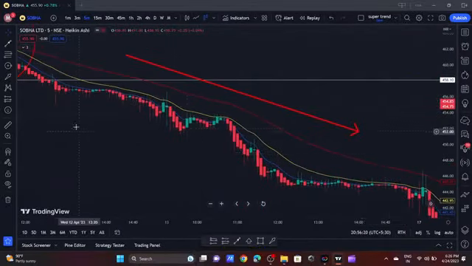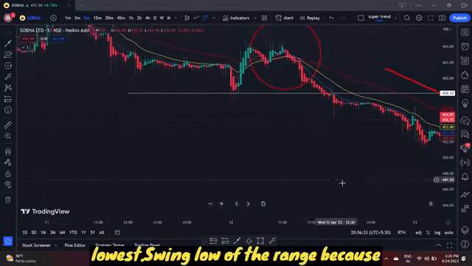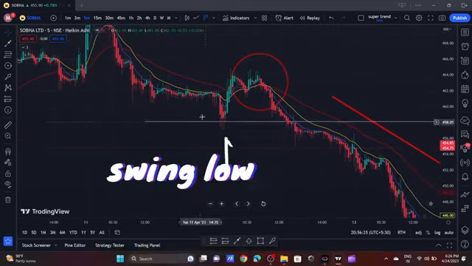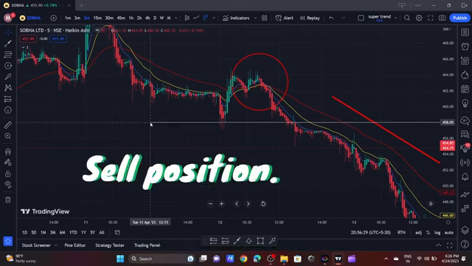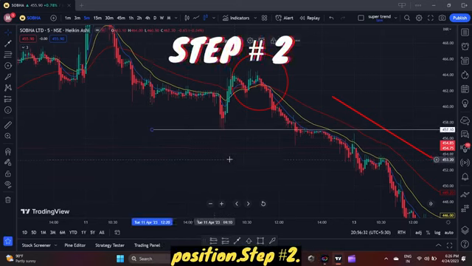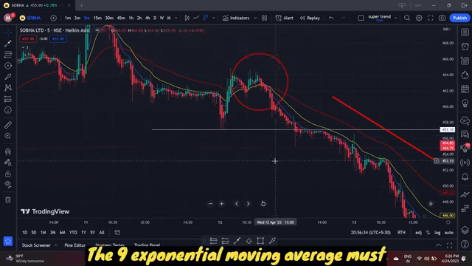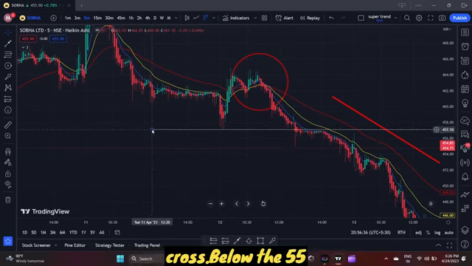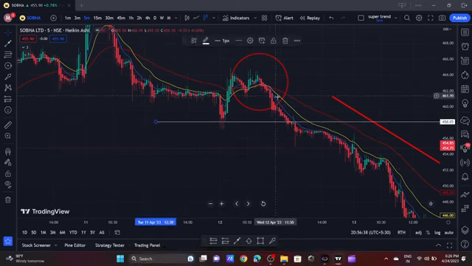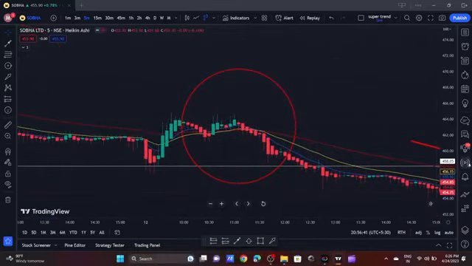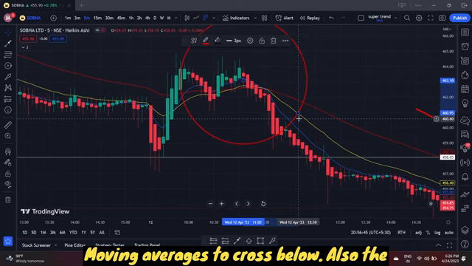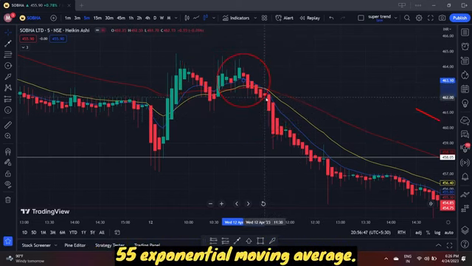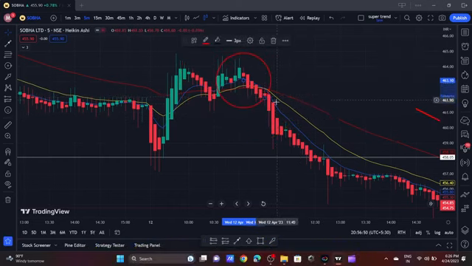Sell rules. Step number 1. On the chart, pay attention to the lowest swing low of the range because it needs to be broken to consider opening a short or sell position. Step number 2. The 9 exponential moving average must cross below the 55 exponential moving average. Step number 3. Wait for the 21 exponential moving average to cross below also the 55 exponential moving average.